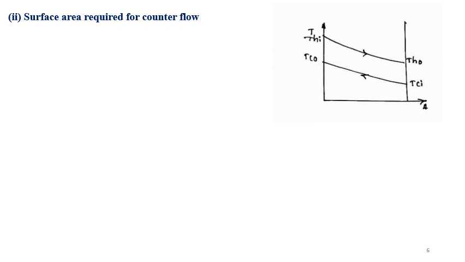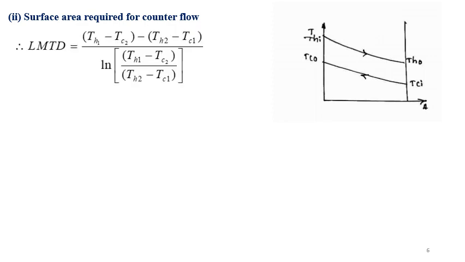Okay, for the relation you can refer to the data handbook page number 152. That is for parallel flow also, it is available on page number 152, and the LMTD relation for counter flow is also available on page number 152 in the data handbook.